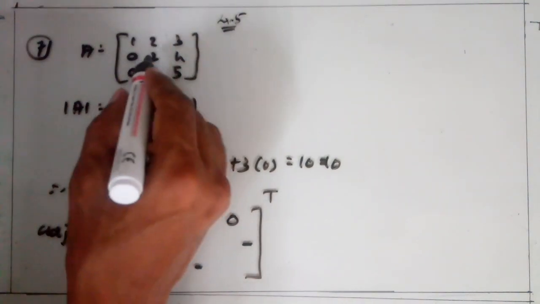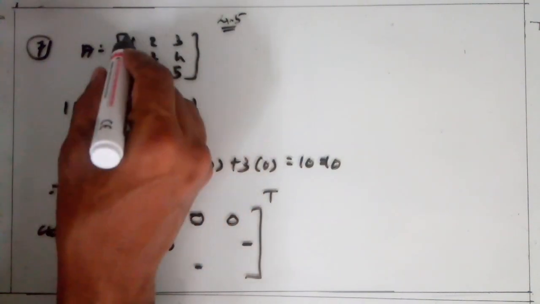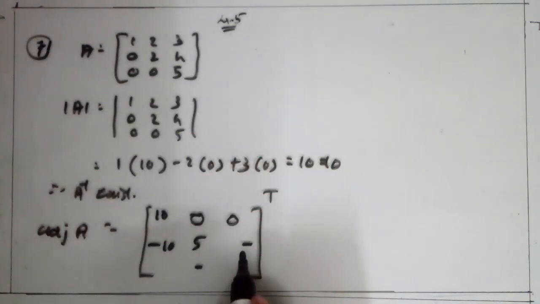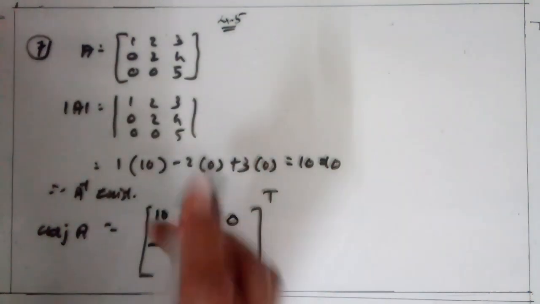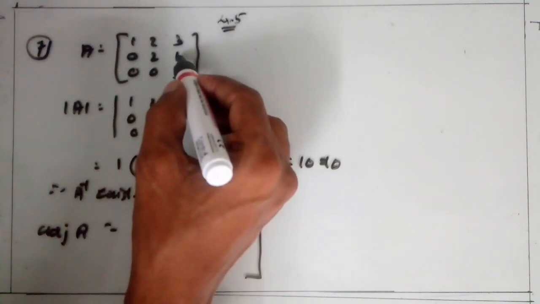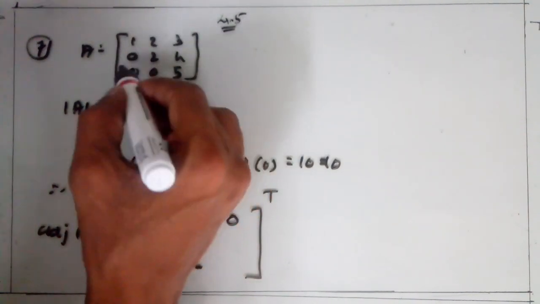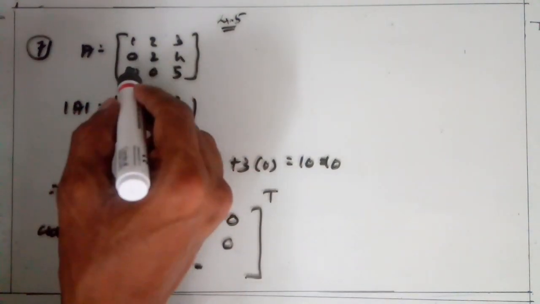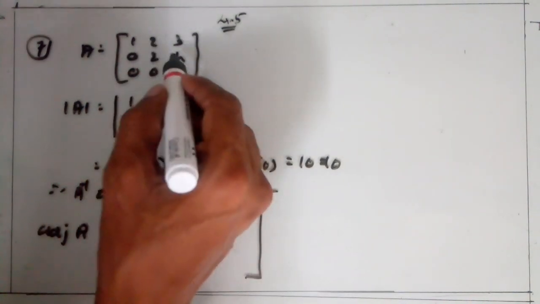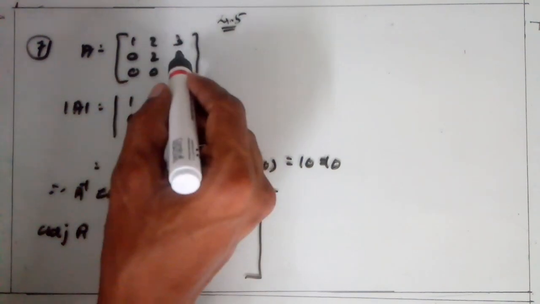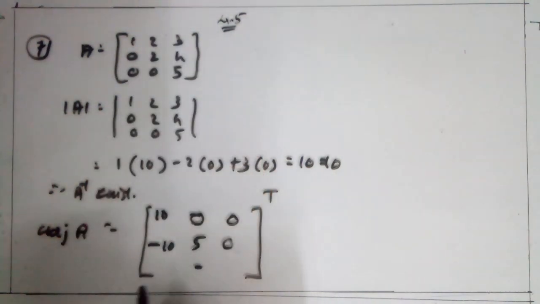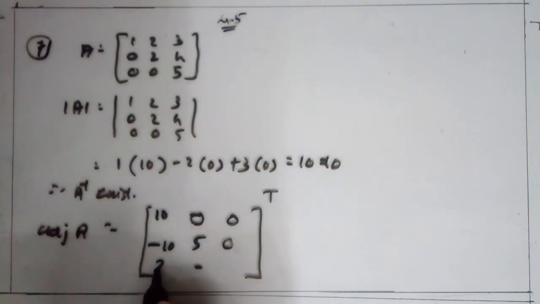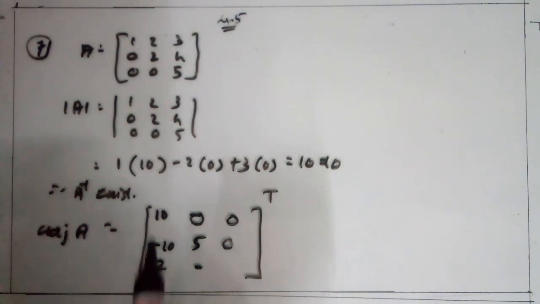Similarly, find the cofactor of 2. Remove this row and column, product of these two 5 minus product of these two. Similarly, for this 4, product of these two minus product of these two, that is 0. Here for 0, product of these two, 4 into 2, 8, minus 3 into 2, 6, 8 minus 6, that is 2, into the plus sign.